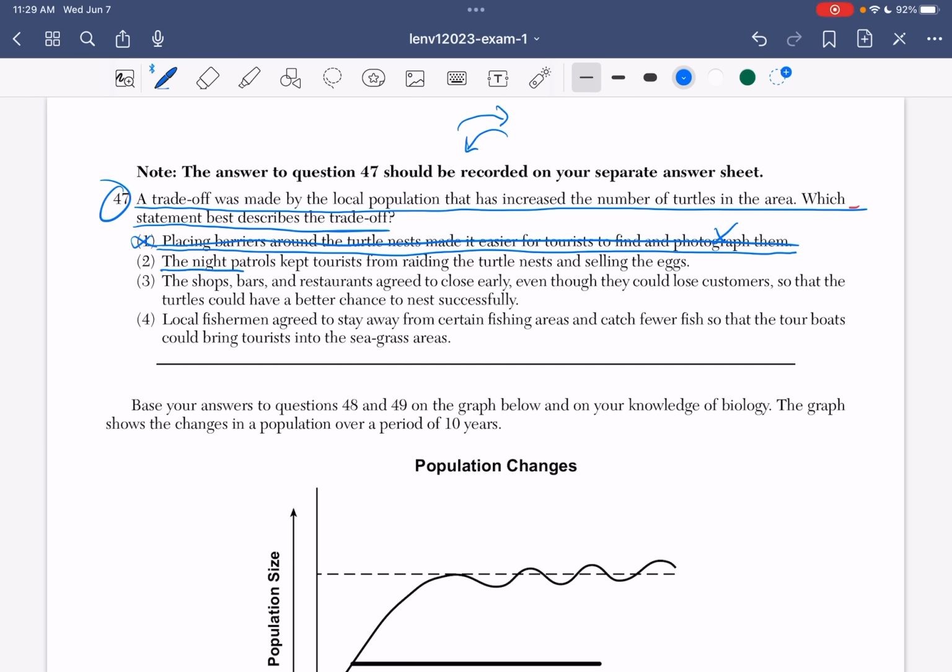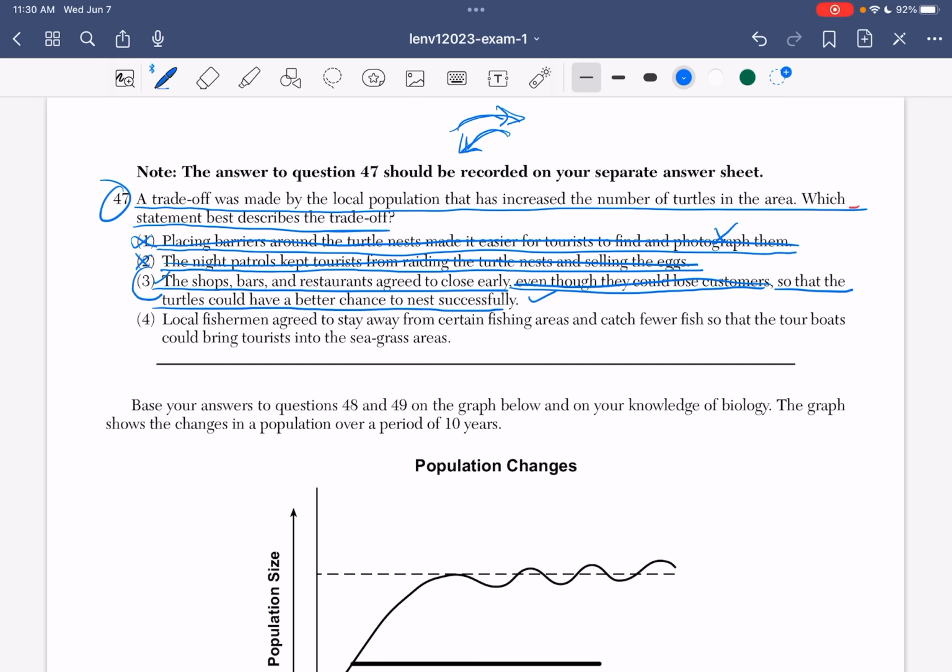The night patrols kept tourists from raiding the turtle nest and selling the eggs. This is not a trade-off. It's not one thing being done so that the other positive thing happens. The shops, bars, and restaurants agreed to close early. That is true. Even though they can lose customers, fine, they lose customers, who cares? So that the turtles could have a better chance to nest successfully.